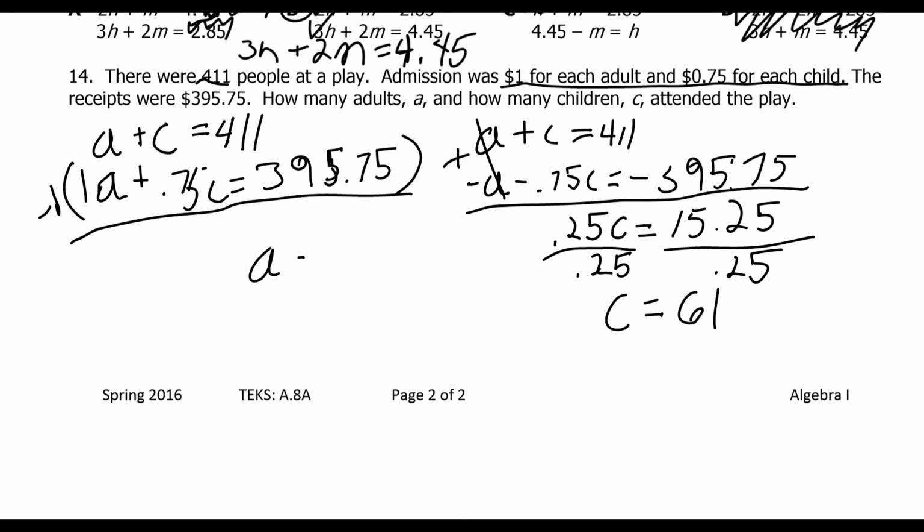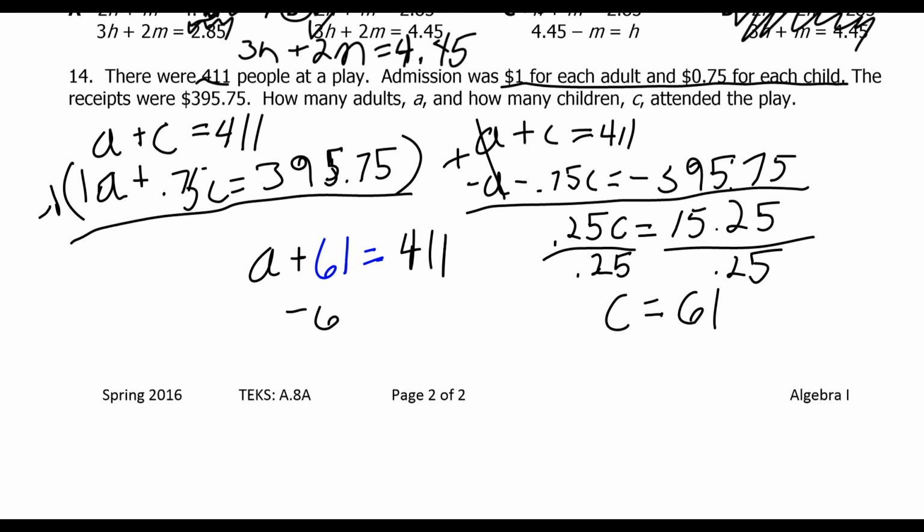We subtract 61 from both sides, and we get A equals 411 minus 61, which is 350.